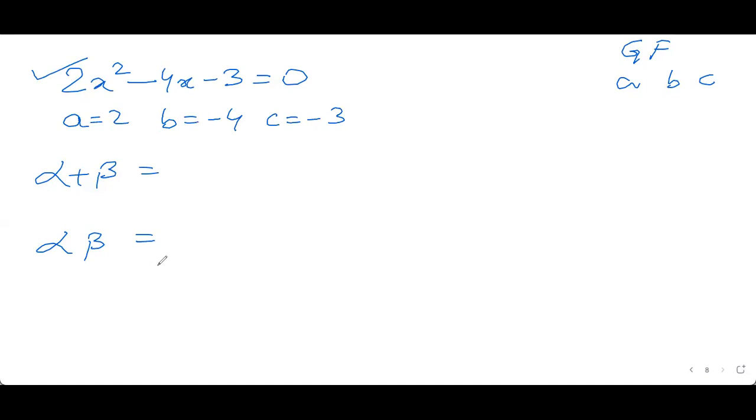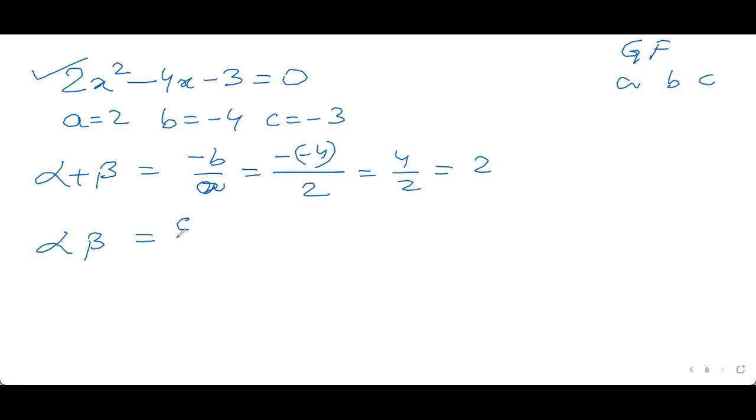Then alpha plus beta, we can find out by the formula minus B by A. So minus of -4 by 2, which is 4 by 2, which is 2.